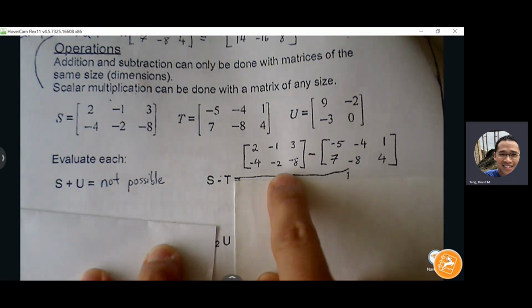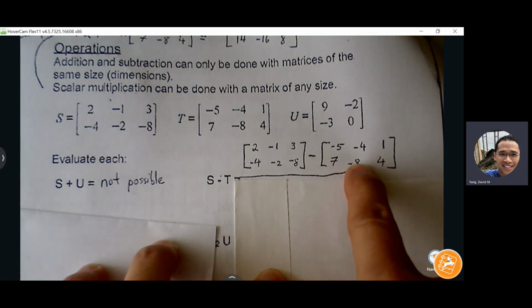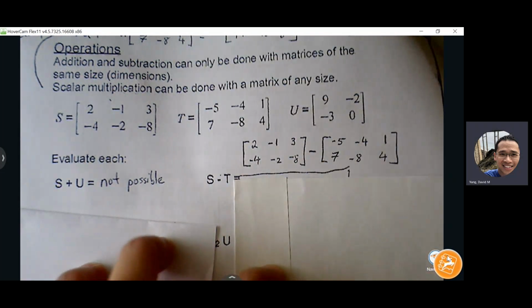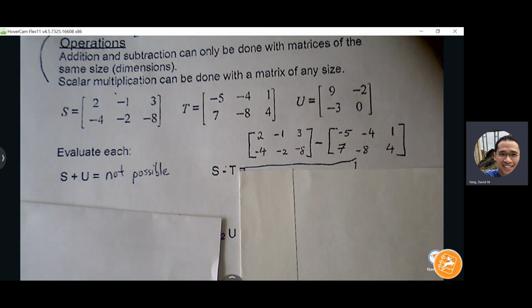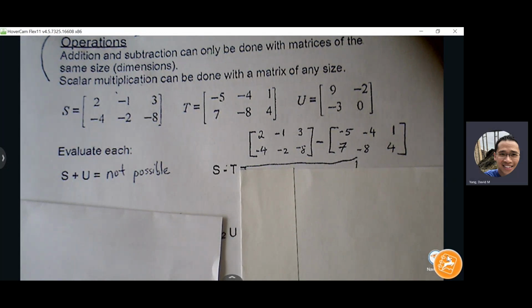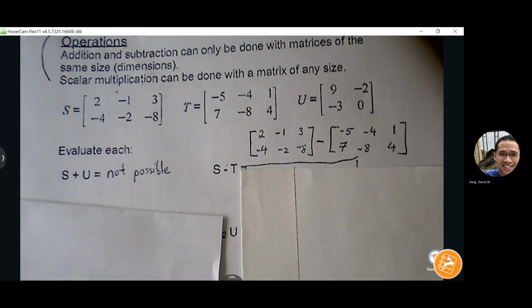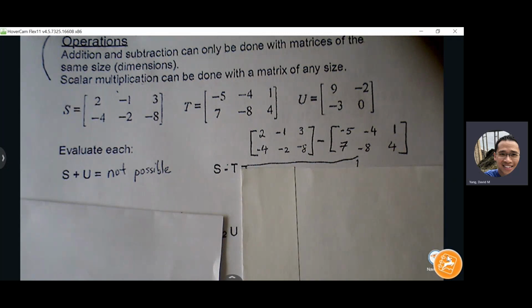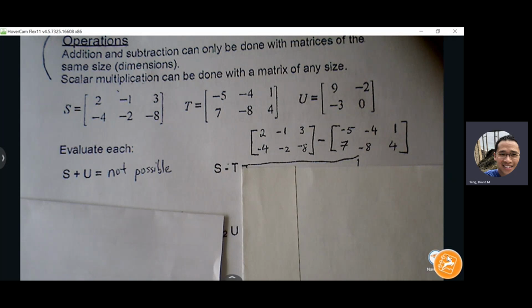Here's my matrix S. Here's my matrix T. And I'm just going to subtract each element. So I'm going to end up with the same dimension as I started with. Okay. This is a 2 by 3 matrix. Once I subtract the 2 matrices, I should still get a 2 by 3 matrix.